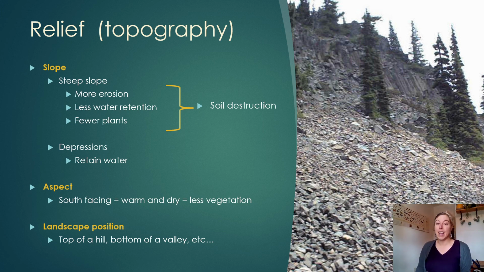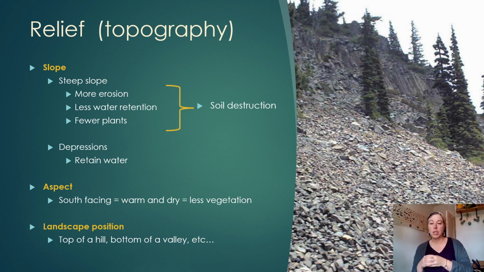You're going to have less water retention because the water's just flowing down, and fewer plants. So steep slope leads to more soil destruction because the plant roots would be able to hold that soil together, and having those exposed surfaces gives more opportunity for water erosion and physical erosion.